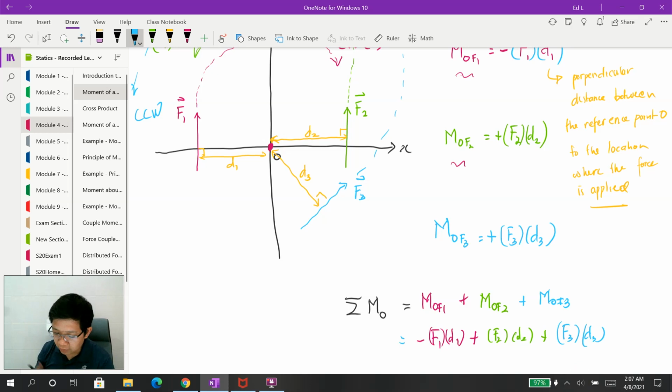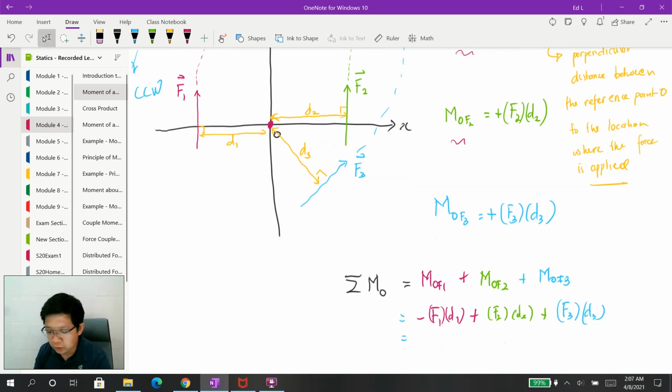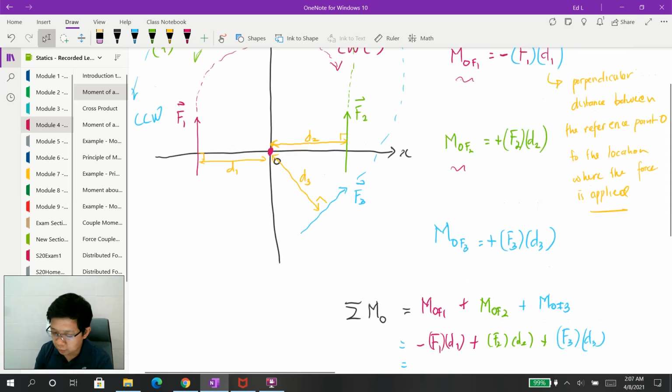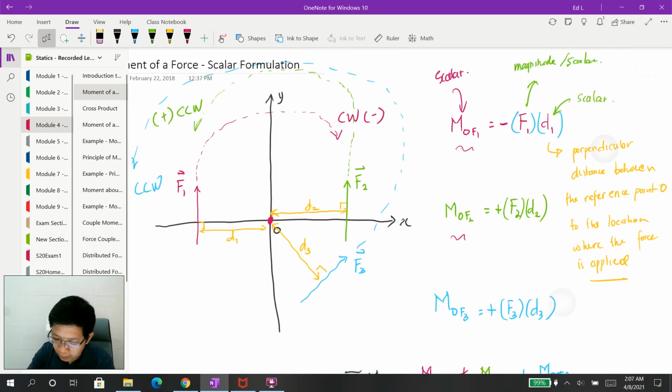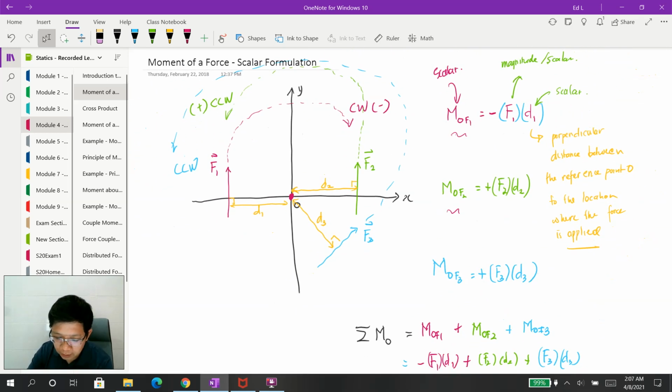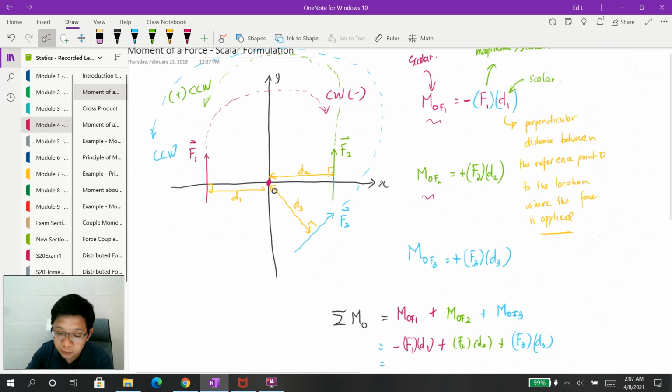Later on in the example, when we have numerical values, we can simply plug them into this expression in order to calculate the moments. One thing I would like to emphasize is that there is no formula to memorize here.